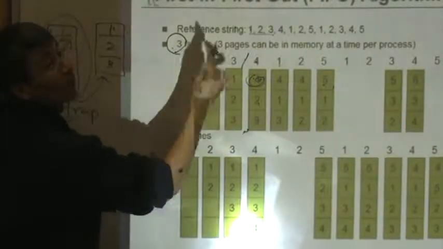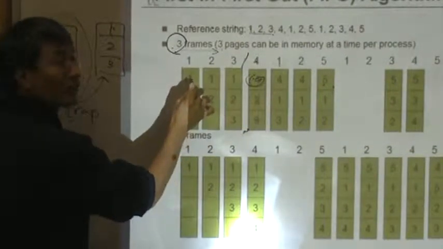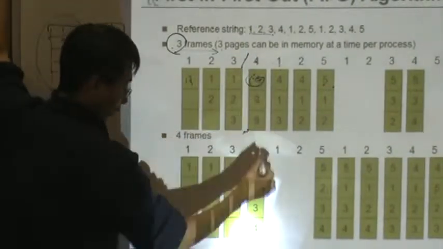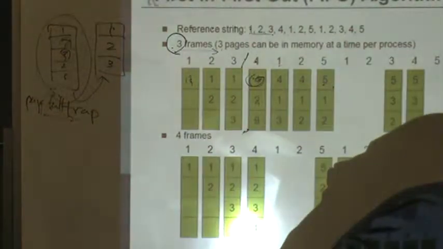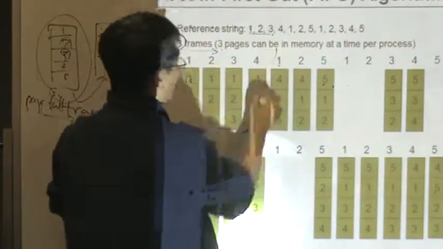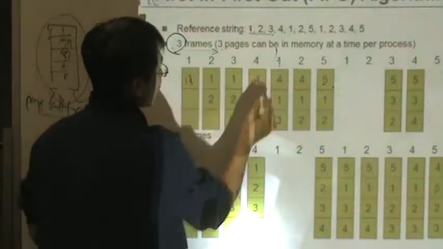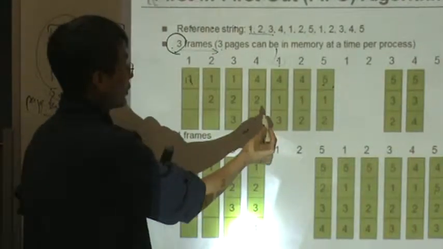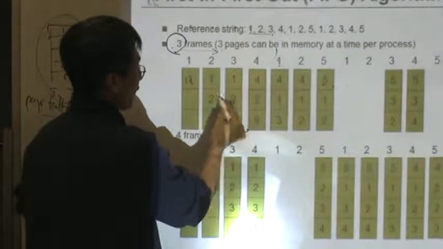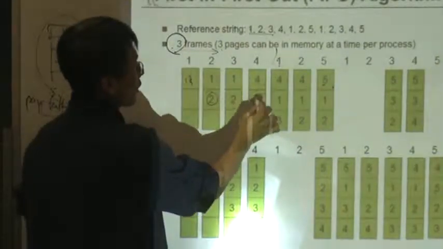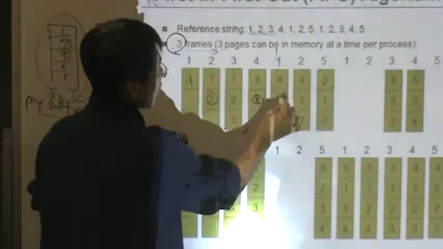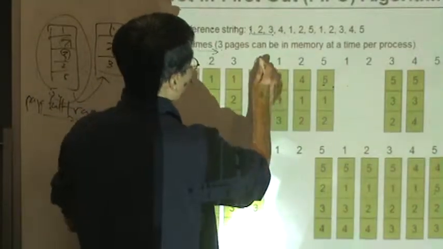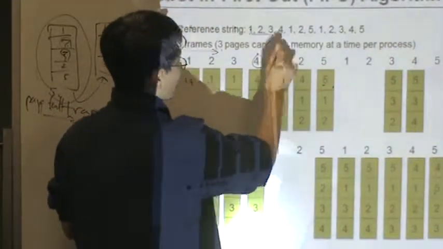Because it's first in, first out, this one is the first in, so it will be out. So replace. Page replacement. This moment, 1 is referenced but there's no 1, so we need to find the oldest one. First in: this one is the oldest, so we replace it with 1.